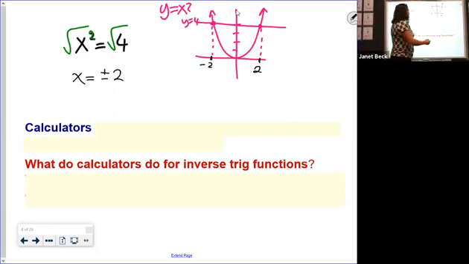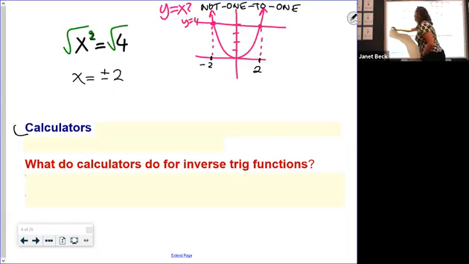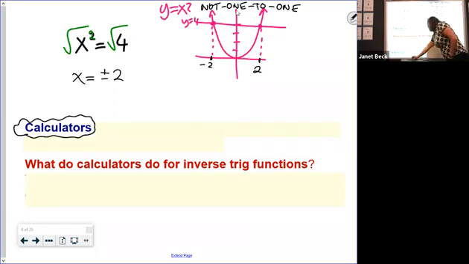But this graph is not one-to-one. That's why when we do this problem on a calculator, we don't get that as our answer. On a calculator, we only get the answer x is positive 2.